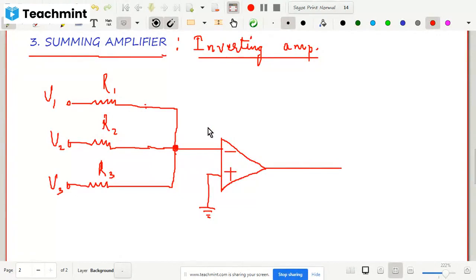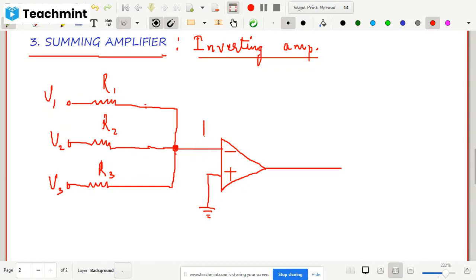So this is the diagram now. There is not much difference here. The only difference is that instead of giving one input in the inverting amplifier, if you connect the inputs in this parallel resistance way, then this will act like an op-amp adder. It will add all these voltages. But there is a condition for adding all these voltages. We will see that condition once we do the derivations.